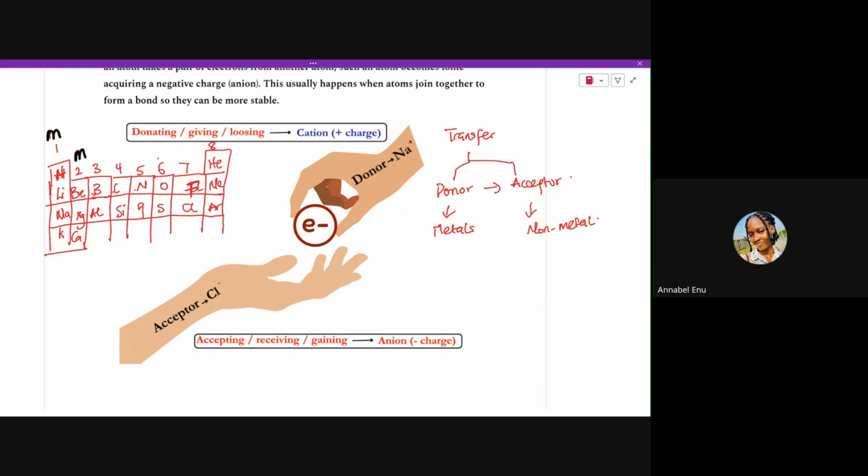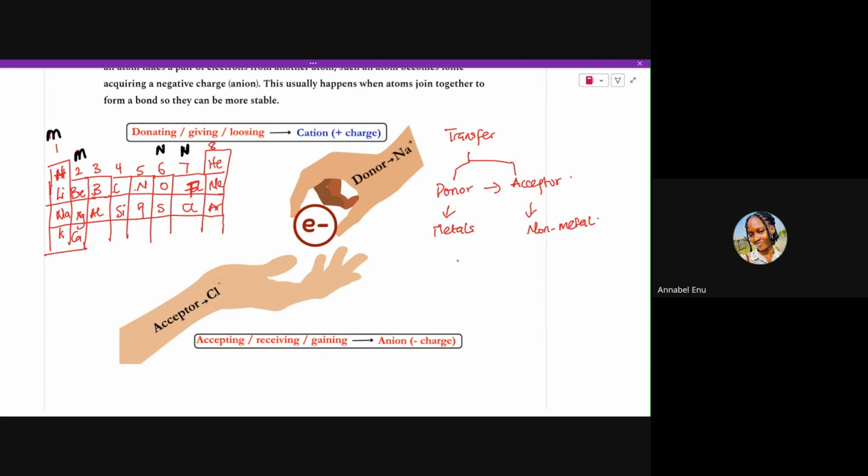The non-metals. As you are going further away from group 1 and 2, you are approaching non-metallic qualities. So oxygen is a non-metal, and also that oxygen group, including oxygen and sulfur, group 6. Also group 7 are non-metals. So these are the electron acceptors.